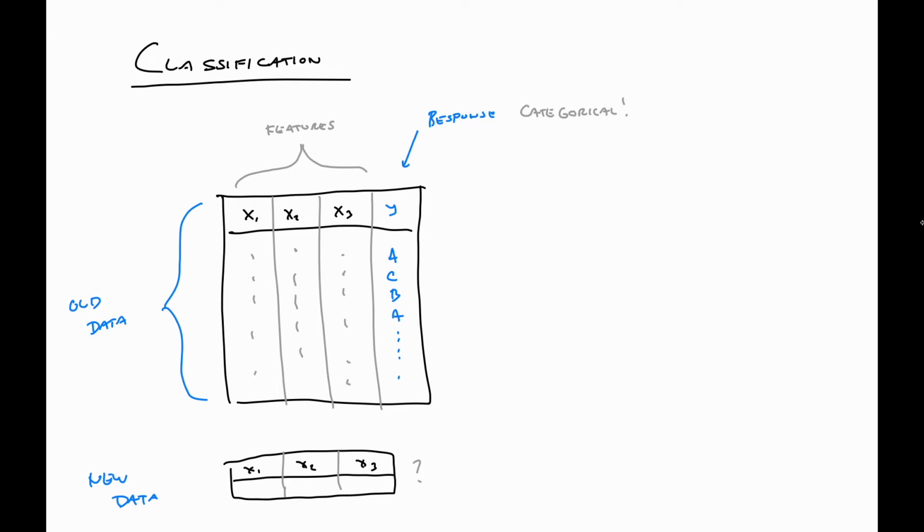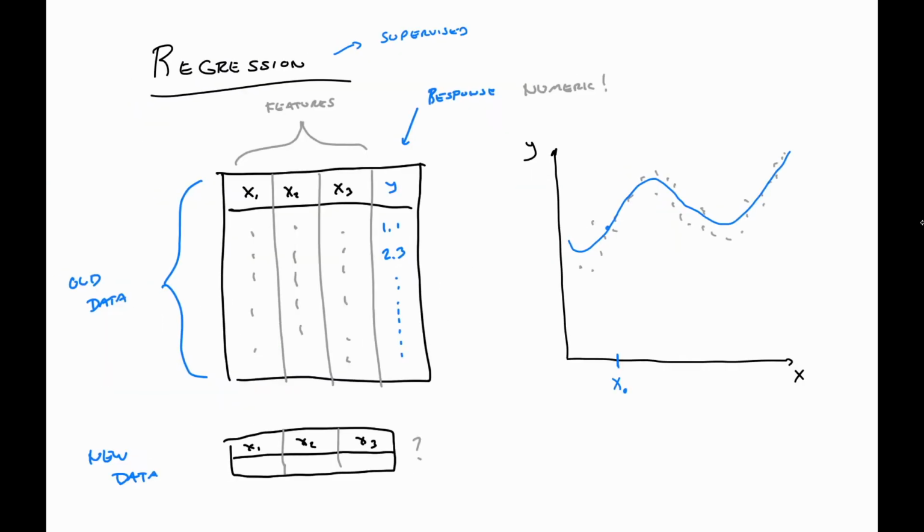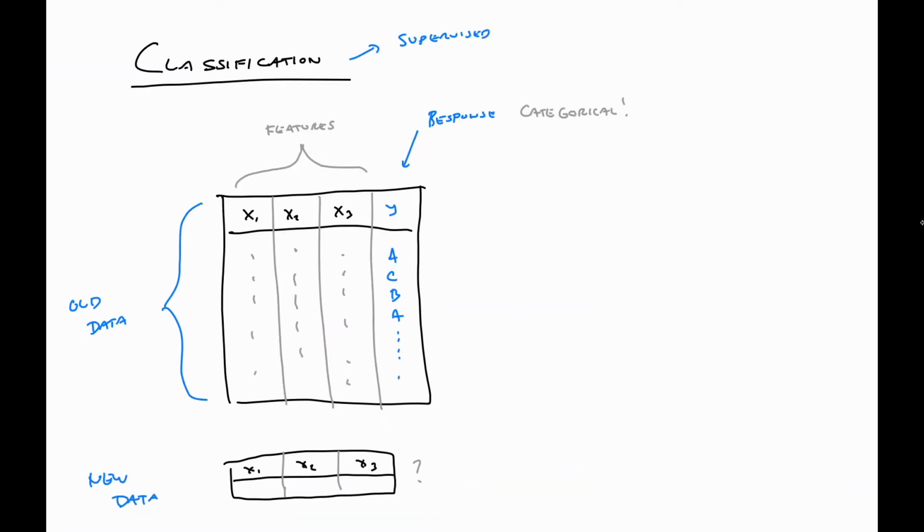Cool. And again, this is also supervised. We have a response variable, but now instead of it being numeric, it's categorical. Again, we can have any number of features, and they can be either numeric or categorical.